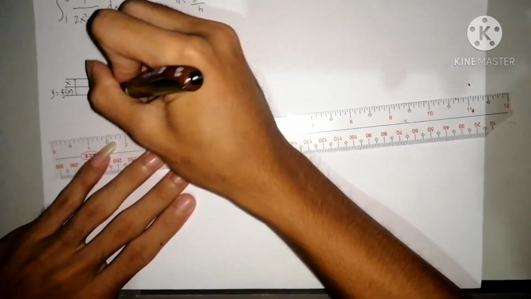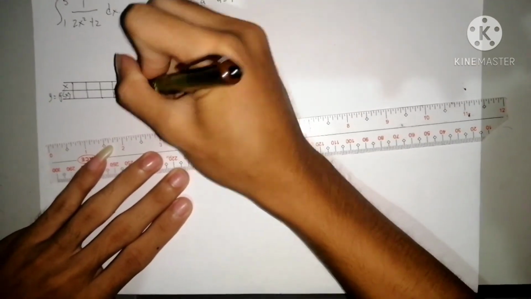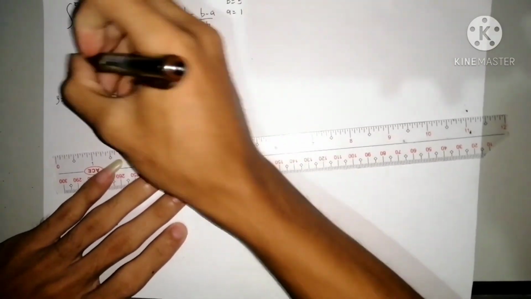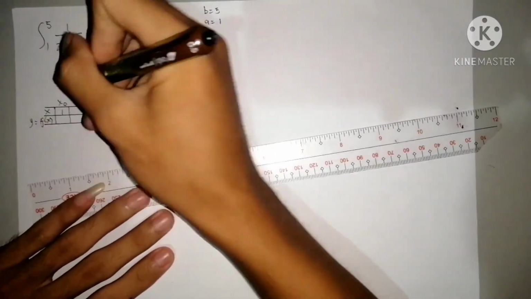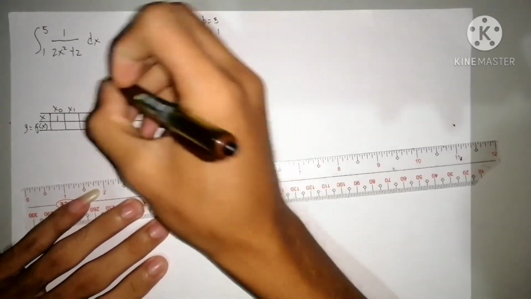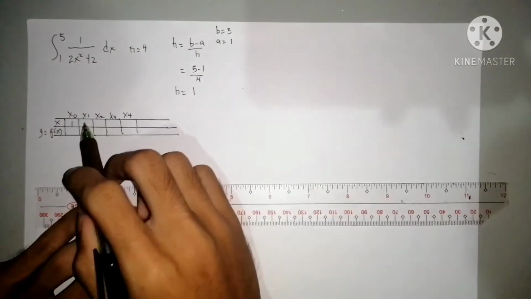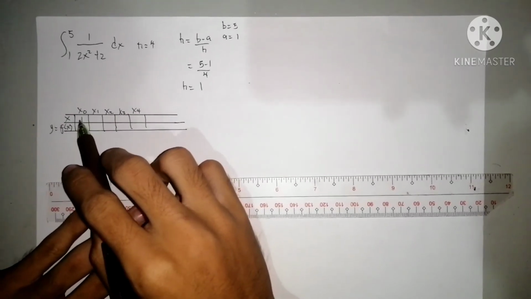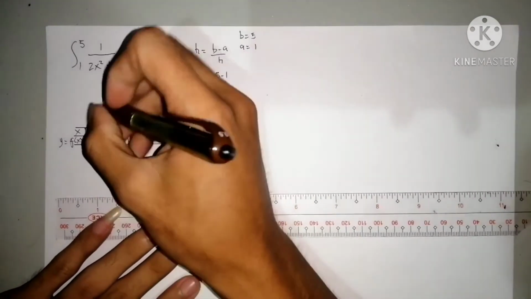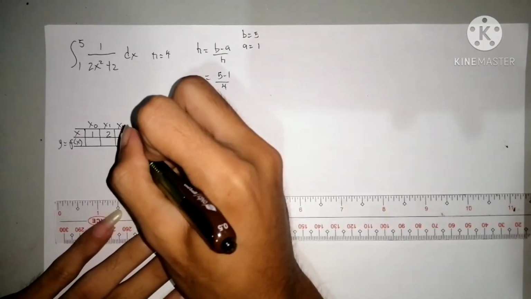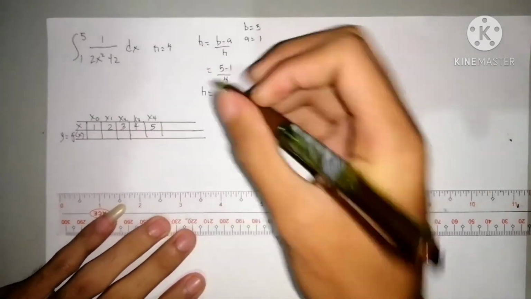We have 5 terms: 1, 2, 3, 4, and 5. This is x sub 0. Our x sub 0 is 1. Then x sub 1, x sub 2, x sub 3, x sub 4. To get x sub 1, we need to add our h, which is 1. 1 plus 1 is 2. Then 2 plus 1, 3. 3 plus 1, 4. Plus 1 is 5.